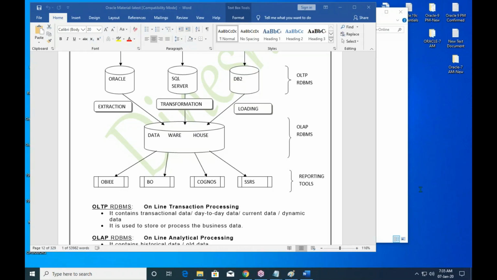Suprit, data permanently deleted means your question is not clear. Type the clear question. You are asking about the data permanently deleted. From where, are you talking about OLTP or OLAP?